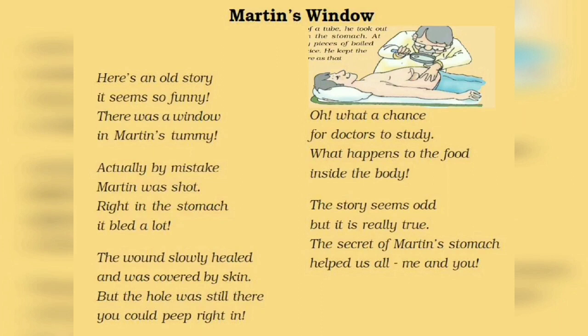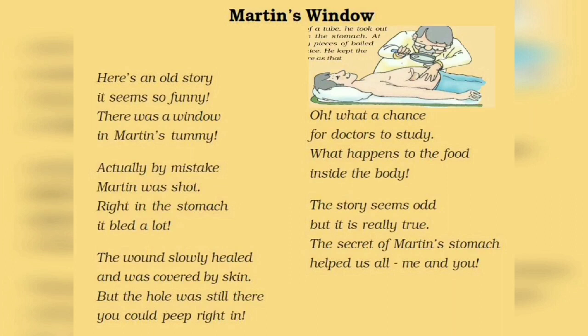This is also explained by means of a small poem in your book, Martin's Window. Here's an old story. It seems to be funny. There was a window in Martin's tummy. So that hole is called a window in Martin's tummy. Tummy means stomach.